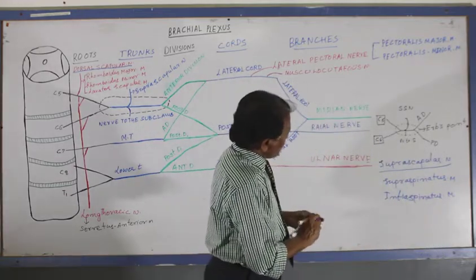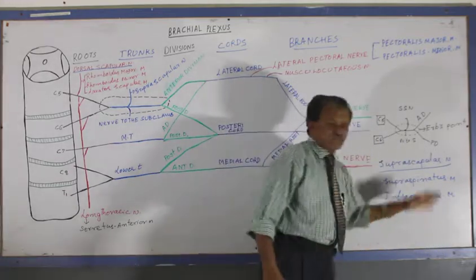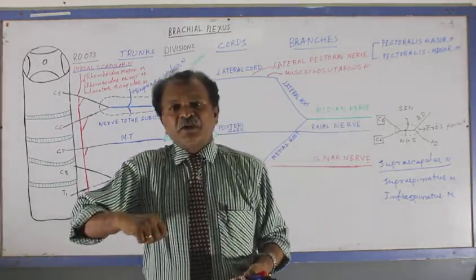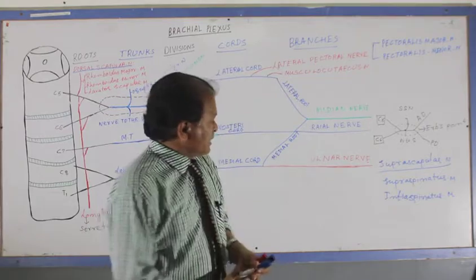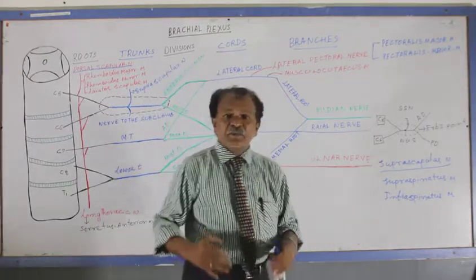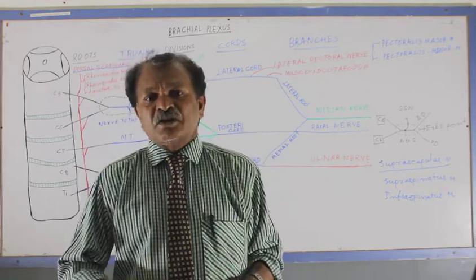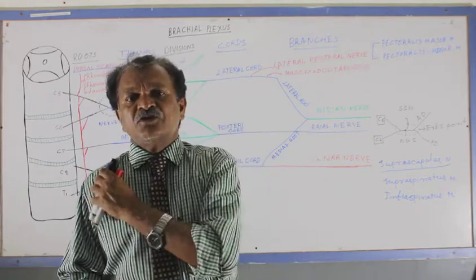So what happens? The supraspinatus muscle maintains abduction from 0 to 15 degrees, and the infraspinatus muscle's main function is the lateral rotation of the shoulder joint.